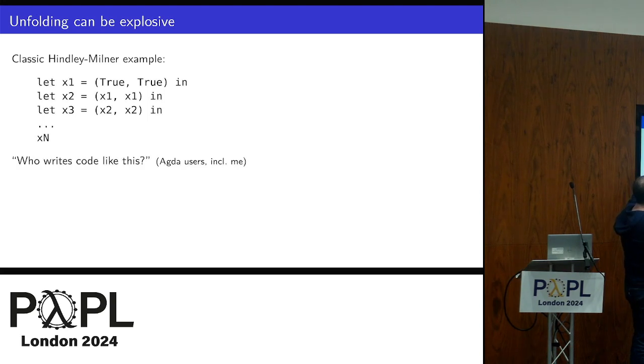The idea is that we want to view metavariable solutions as definitions, which we don't necessarily want to unfold, because if we unfold all of the meta solutions, we get the exponential blow-up. But if we don't always unfold them, we can just get a linear number of small size definitions, in which case this example can still be elaborated in linear time. So we would just say, let some type equal bool pair bool, another type equal pair of previous definition, and so on.